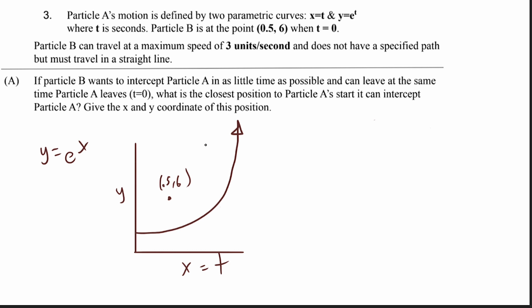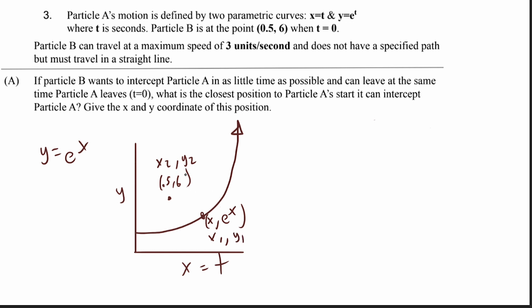What we can do is make a distance formula between the fixed point and the variable point x, e to the x, where this point just represents any point along this curve. So let's let this fixed point be x2, y2, and this variable point be x1, y1.